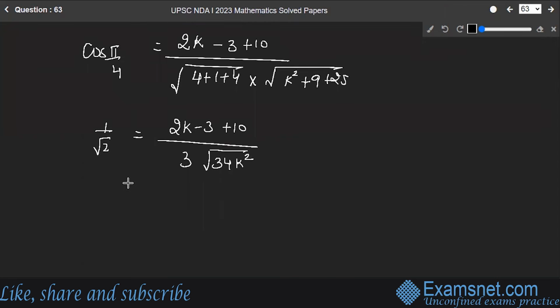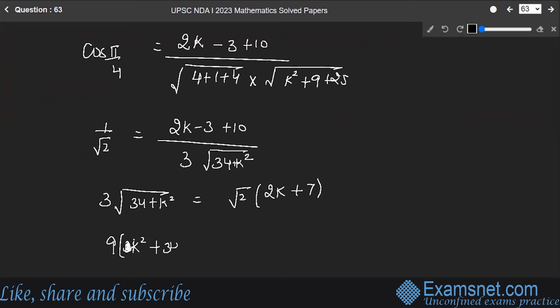multiplied by root of 34 plus k square. Okay, so let's do the cross multiplication. 3 multiplied by root of 34 plus k square is equal to root 2 into 2k plus 7. Let's do squaring on both the sides. You will have 9 into k square plus 34 is equal to 2 into 2k plus 7 square.